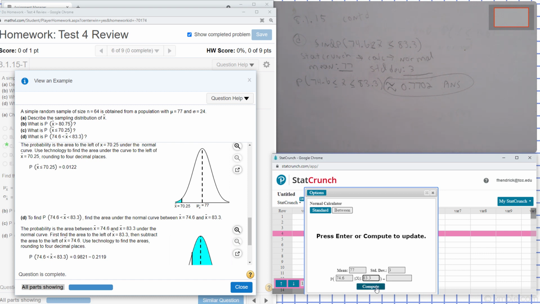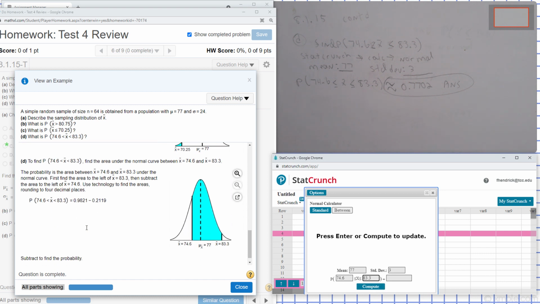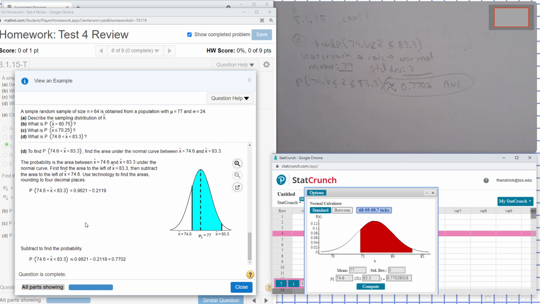And then I go ahead and hit compute, and I end up with 0.7702. And that's the end of that problem.